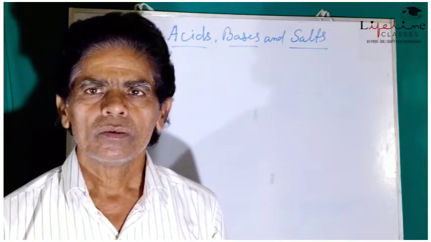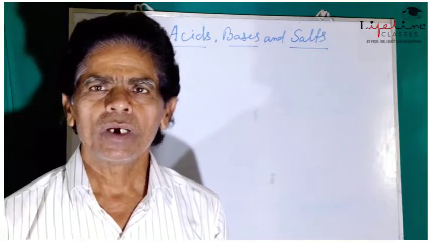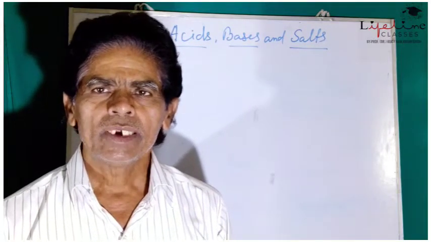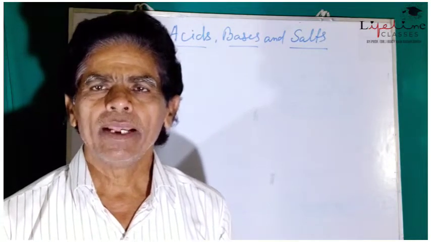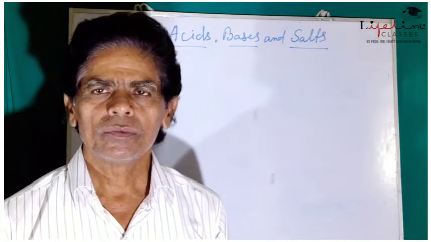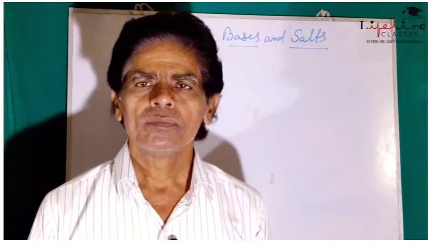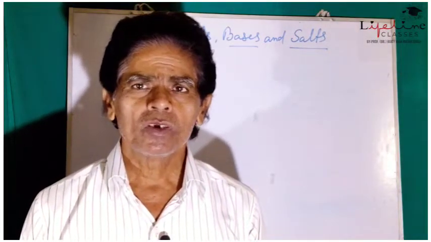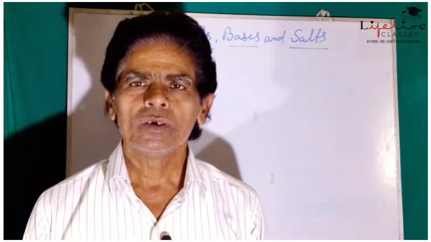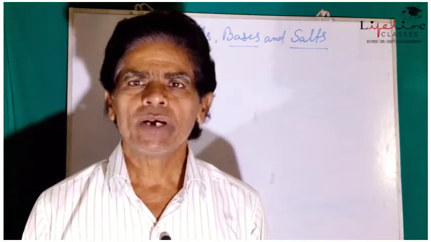Acids are those chemical substances which are commonly tested by a common man as its sour taste. Acids have sour taste. Another feature of acid for a common man: it turns blue litmus red.